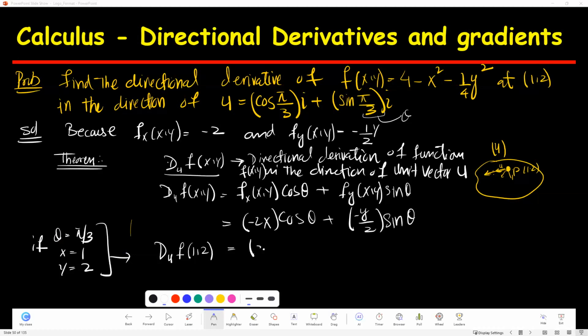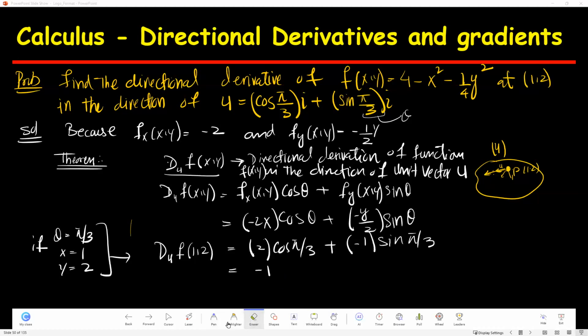It's going to be minus 2 times 1, which is 2, and cosine pi by 3, plus minus 1 pretty much, because if we substitute 2 divided by 2 is going to be 1 with a minus sign, and then sine pi by 3. If you simplify this further, it's going to be minus 1 and, I think both are minus, minus 2.